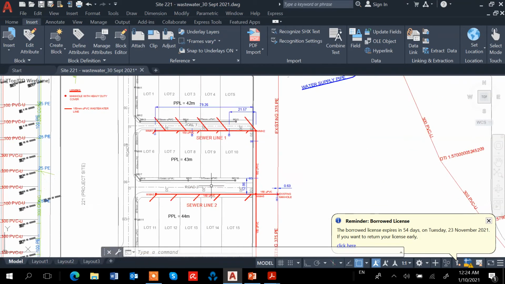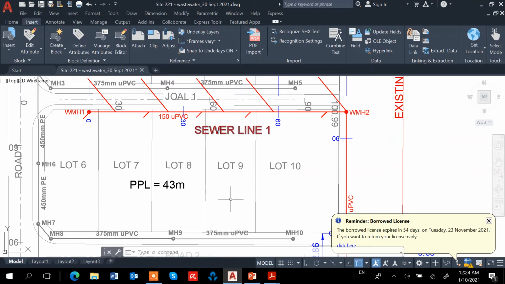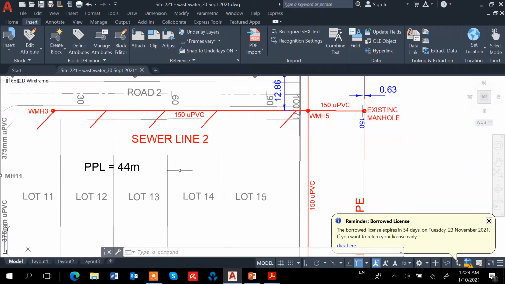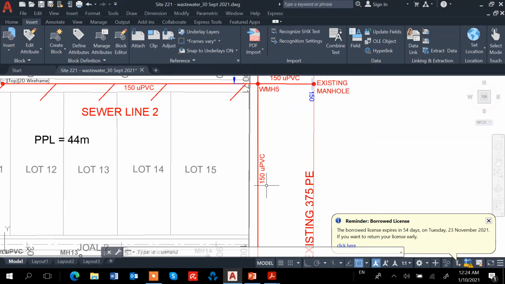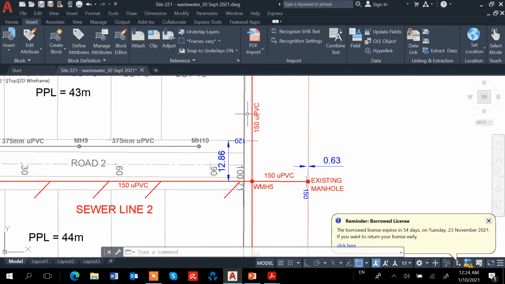We can label all this as 150 UPVC, 150 UPVC, 150 UPVC, and this line here also 150 UPVC, and the top one is 150 UPVC as well, because we checked that for the 21 lots. All the grey water will pass through this pipe here, so 150 UPVC is also sufficient. Okay, so it goes into the existing manhole.